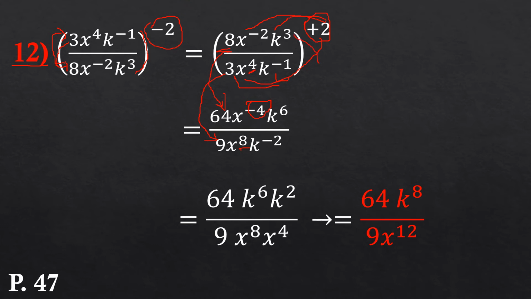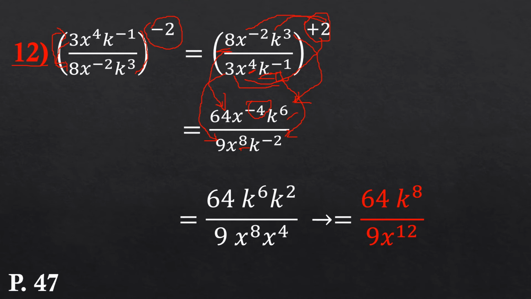And here x, k power 3 times power 2 equals power 6. And the same thing for the denominator, k power -1 times -2. So change the position of x, which has negative powers, and also change the k, which has a negative power. By changing them, they will become positive powers.